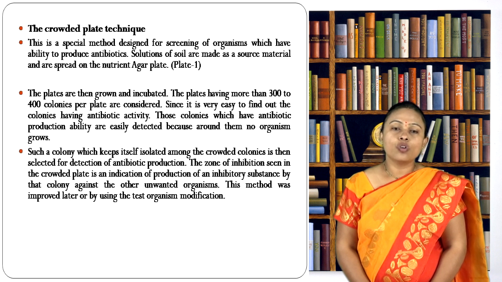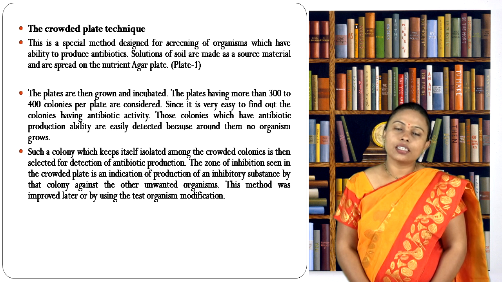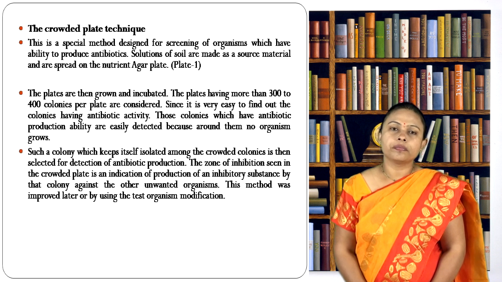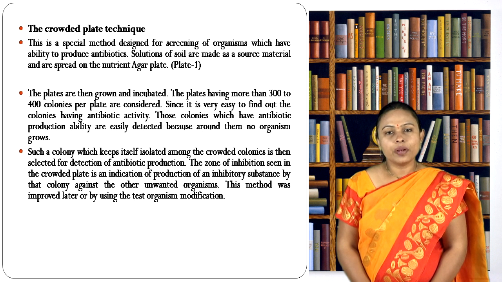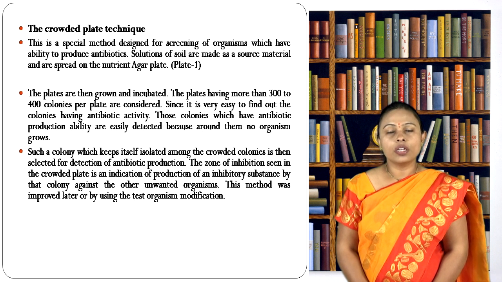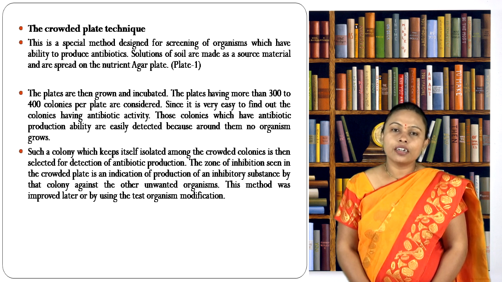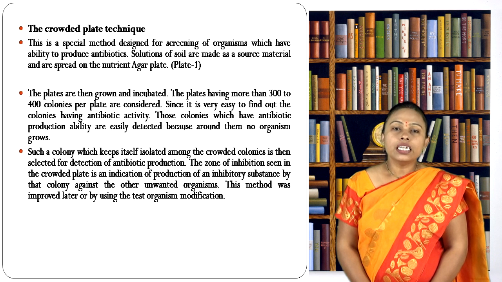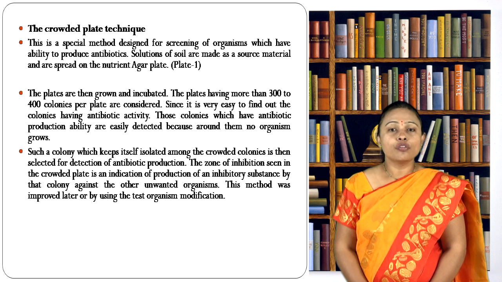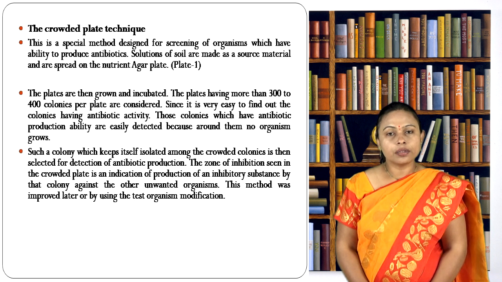This method was improved later by using the test organism modification method. This technique has a modification in which agar plates with well grown colonies, between 100 to 300 per plate, are inoculated and flooded with the suspension of test organism. These plates are subjected to further incubation to allow the growth of the test organism.